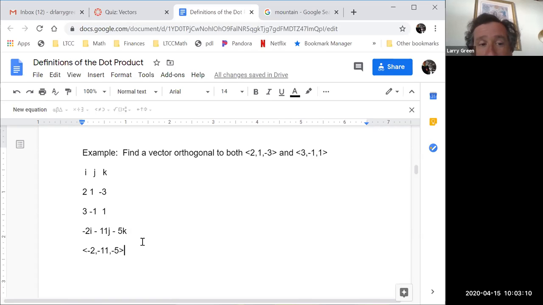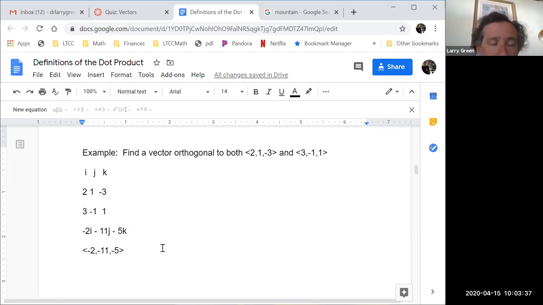I don't see you all jumping in. But if you want to find out if it's orthogonal, you take a dot product. So I'm going to do -2, -11, -5 dot 2, 1, -3, and I get 0. And then I'm going to do -2, -11, -5 dot with 3, -1, 1, and I also get 0. Okay. And again, you can write it out and see, but we only have so much time.